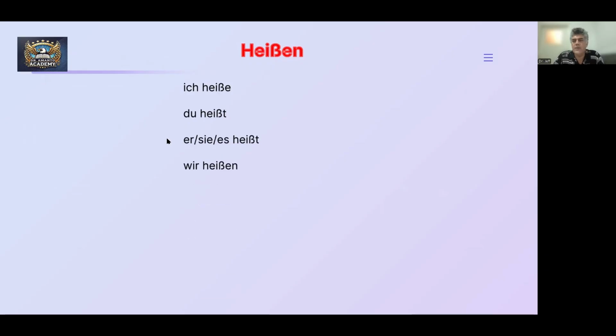Then wir means we. It is very similar to English, you know, they have the same root. They are Anglo-Saxon, coming from the same source, because they are Germanic languages. So wir heißen, our names.